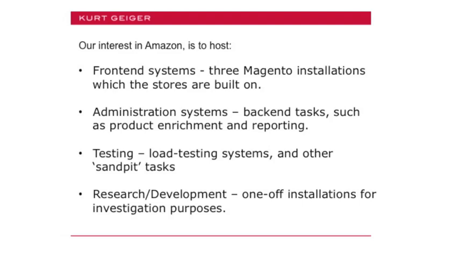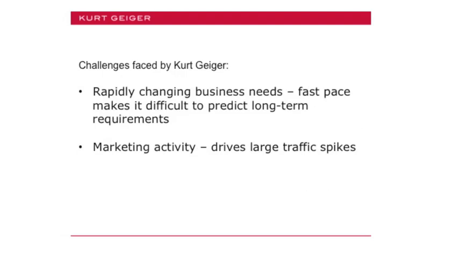We can start up whole networks and systems on the fly, so it's suitable for trying out load testing of new products, and equally, at the bottom there, research and development as well. Just basically a sandpit environment. It's hourly billing, so very convenient for us to just spin that up, try things out, and take it apart.